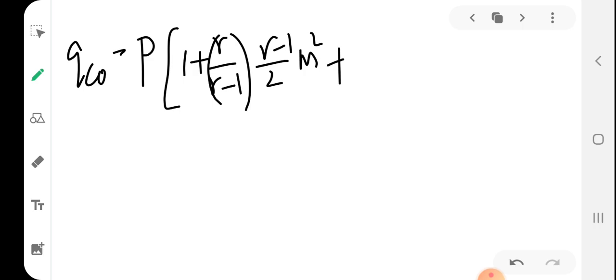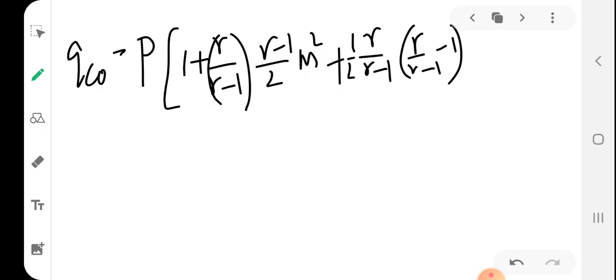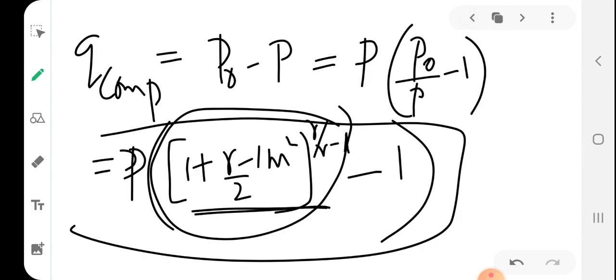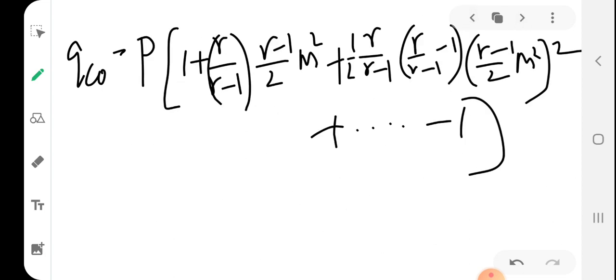So n is gamma by gamma minus 1, n minus 1 is gamma by gamma minus 1 minus 1, by 2 factorial, into gamma minus 1 by 2 Mach square, whole square, right? Similarly the series continues, and at last the minus 1 is there, so I am adding this minus 1 also.